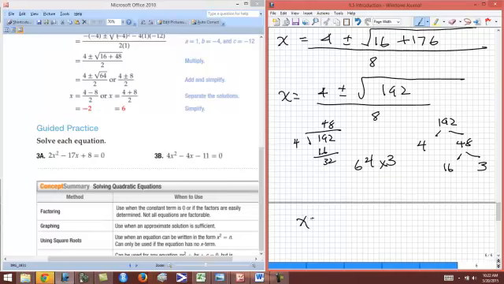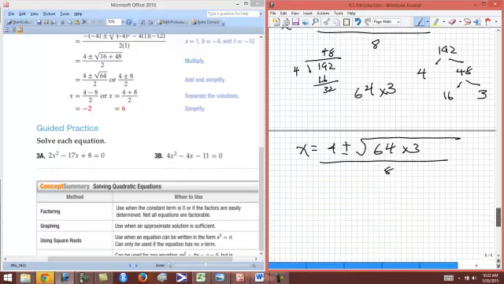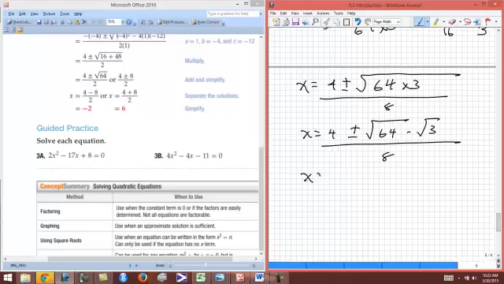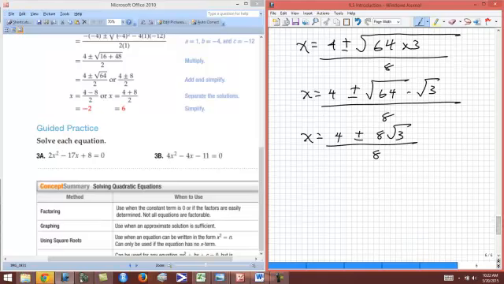So we're going to end up with x equals 4 plus or minus the square root of 64 times 3 over 8. So x equals 4 plus or minus the square root of 64 times the square root of 3 over 8. x equals 4 plus or minus 8 root 3 over 8. And we have two terms. 4 is a common factor for both, for the denominator.